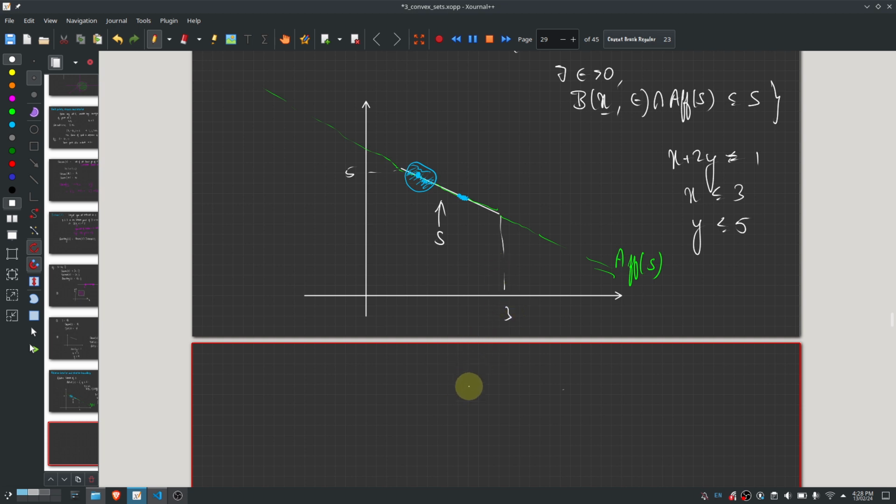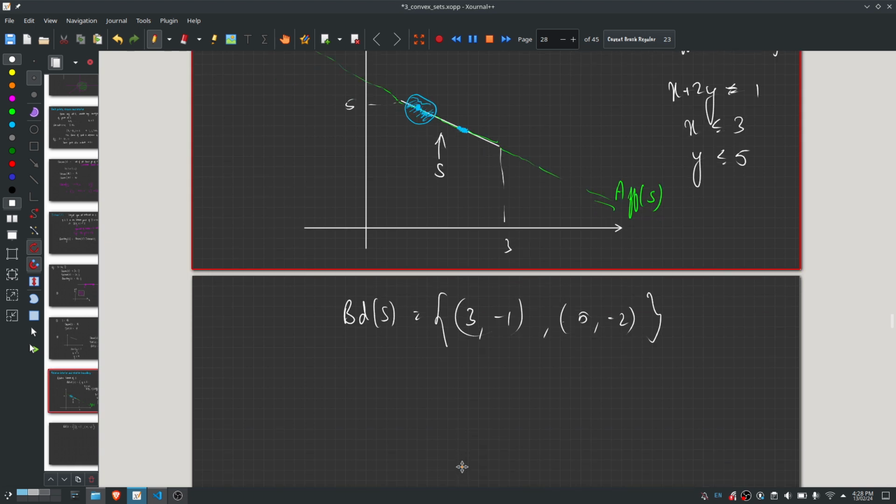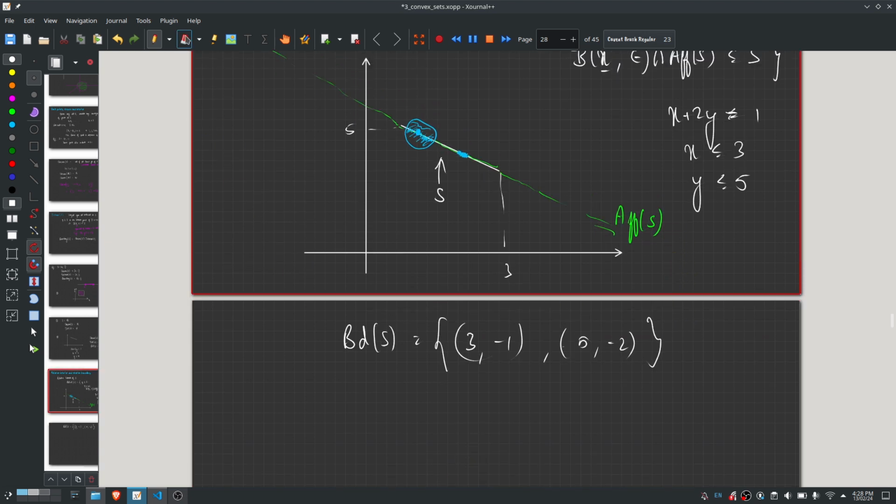So that would be x equal to 3, y satisfying this, so that would be 3 comma minus 1, and this would be the boundary, right? The boundary of S would be this, and what would be the other point? 5 comma minus 2, right? Well, I think it would be the other way, minus 2 comma 5.